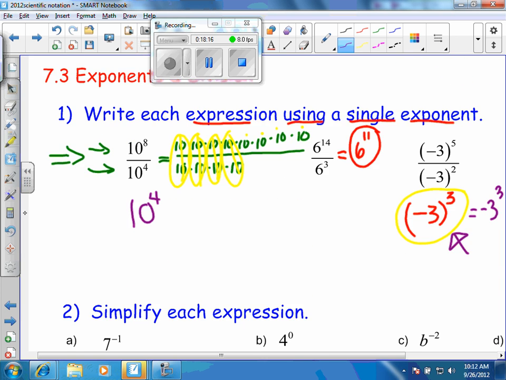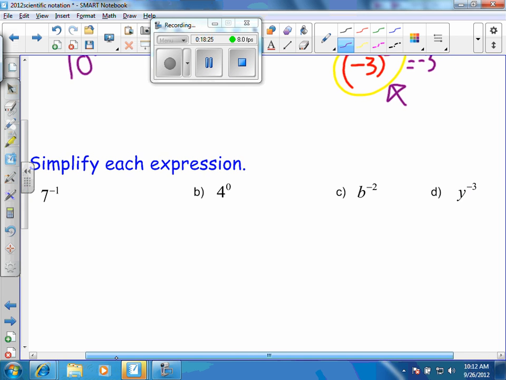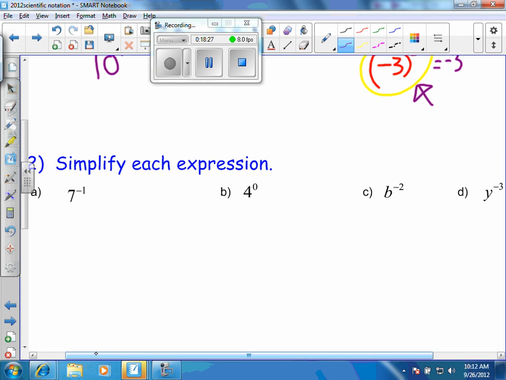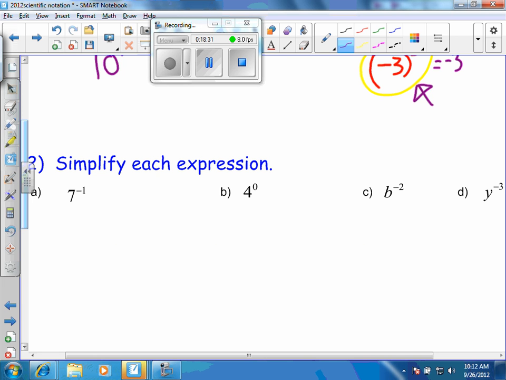This rule is easier, but I put these in the order that your book did the homework. So this rule is just looking at your notes and remembering what that negative exponent means. So if we look at the negative exponent here, what do your notes tell you?